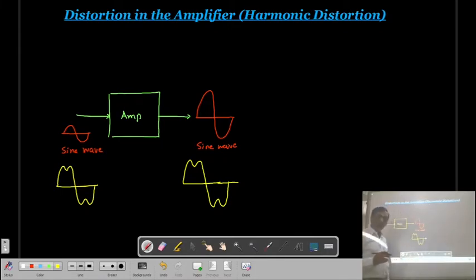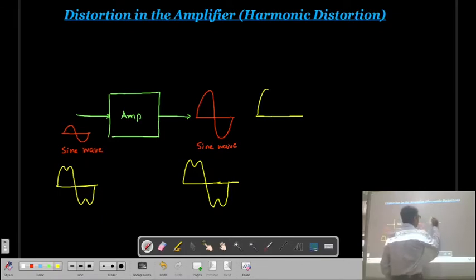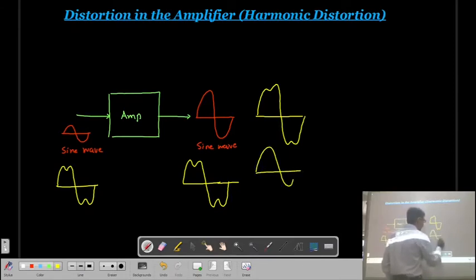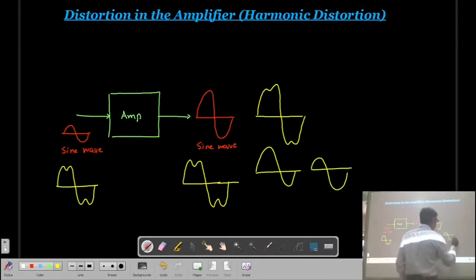But here when you apply the sine wave, and instead of a sine wave in the output, suppose my amplified signal is like this. Amplified signal is like this. Amplified signal is like this.